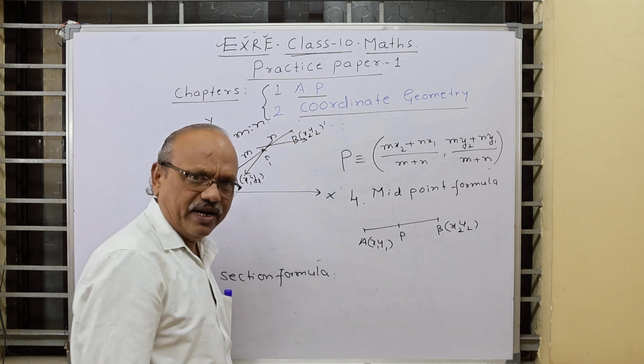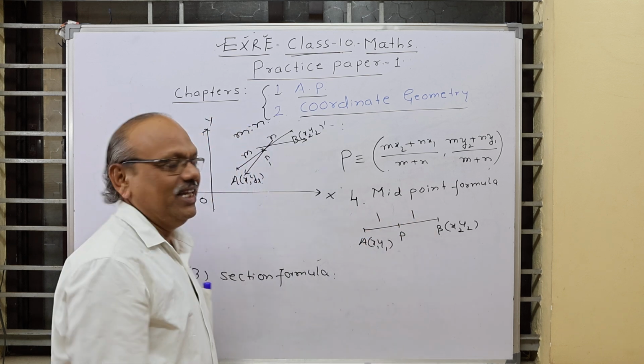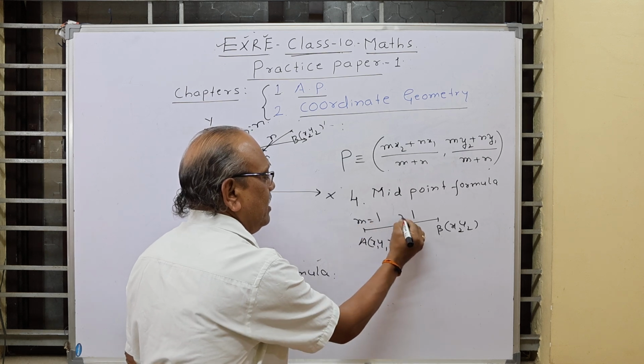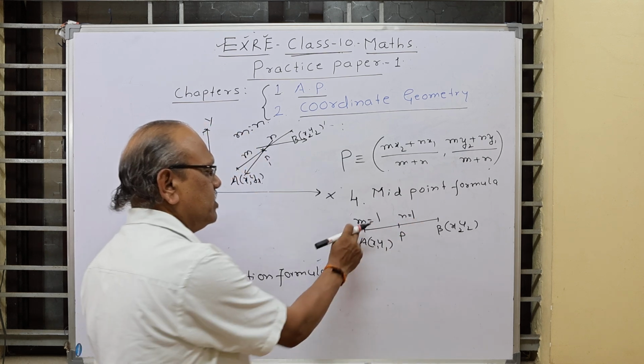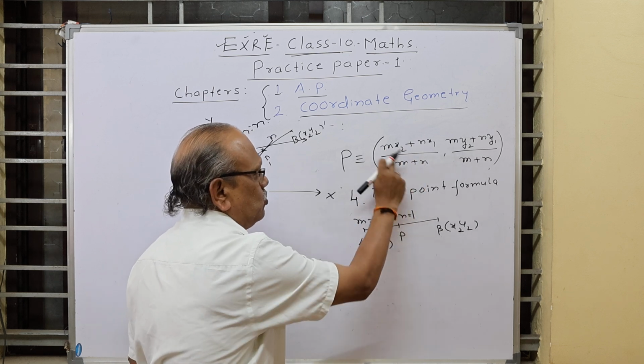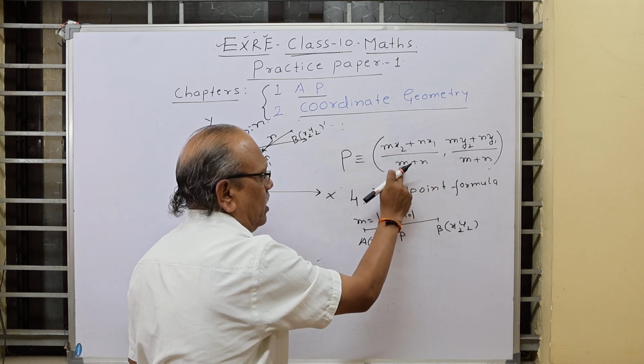P divides in the ratio 1:1. Then m becomes 1 and n also becomes 1 in the case of the midpoint. Now you substitute m equal to 1, n equal to 1, and 1 plus 1 becomes 2. Therefore the formula reduces to x2 plus x1 upon 2.